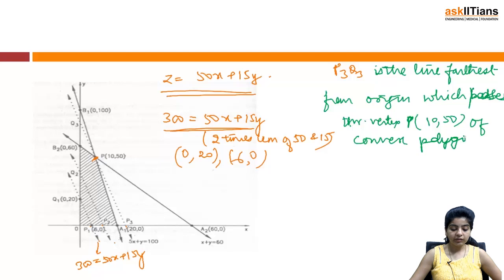So this is the line that passes through the vertex P and is farthest from the origin. The convex polygon you can also write down if you want: O, A1, P, B2.